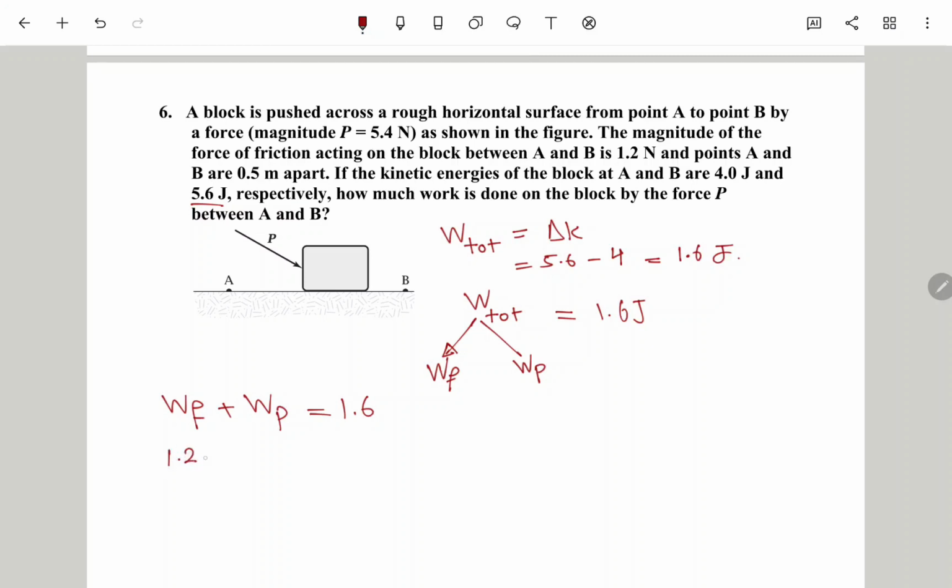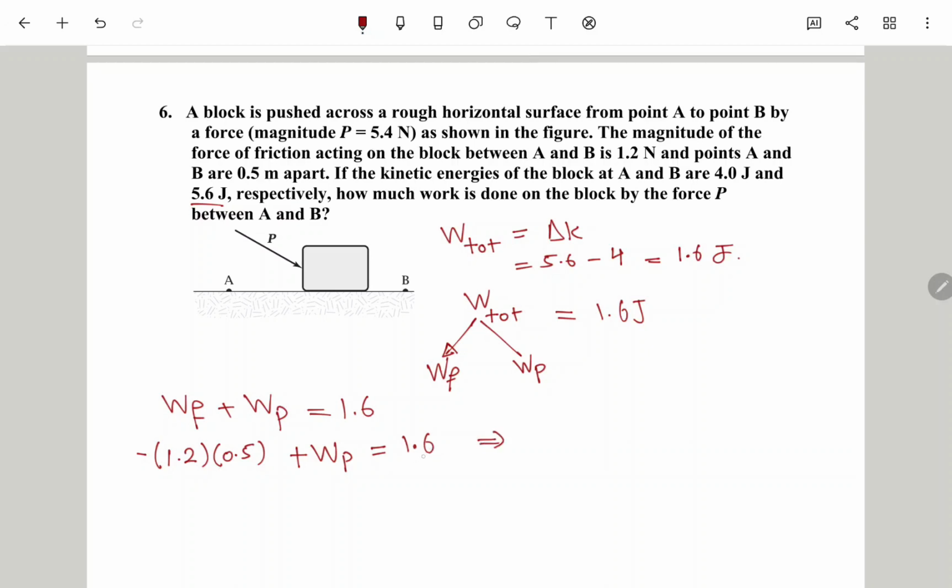1.2 newtons, and the distance between points A and B being 0.5, and the angle between the force and distance being 180 degrees, where cosine 180 is minus 1, plus work done by force P equals 1.6.